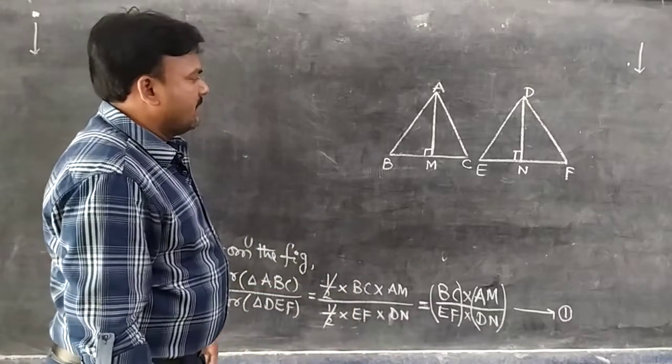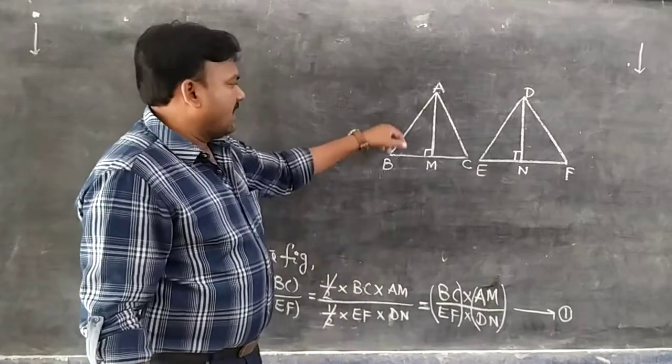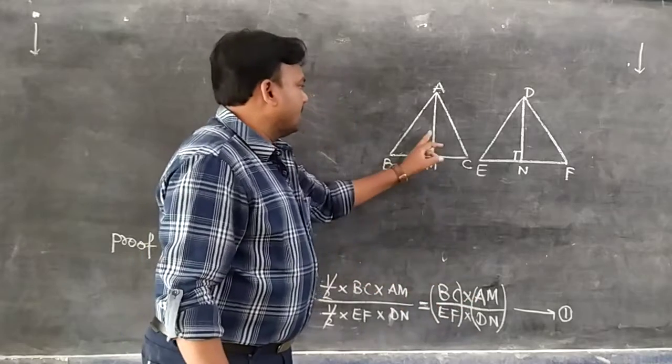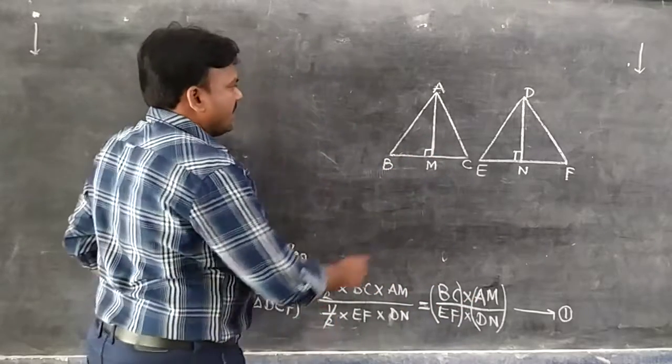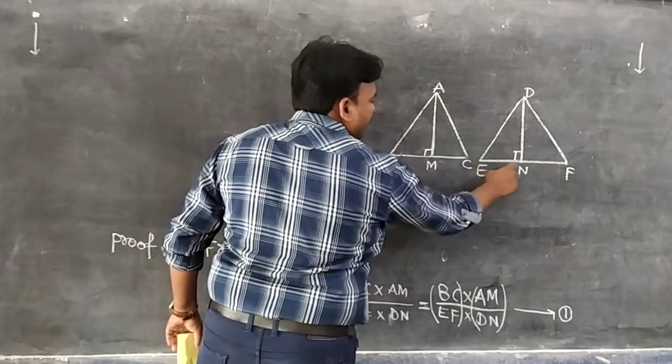By taking the area of triangle ABC, we can get the result easily. And the second one, AM and DN. Here I take triangles ABM and DEN.